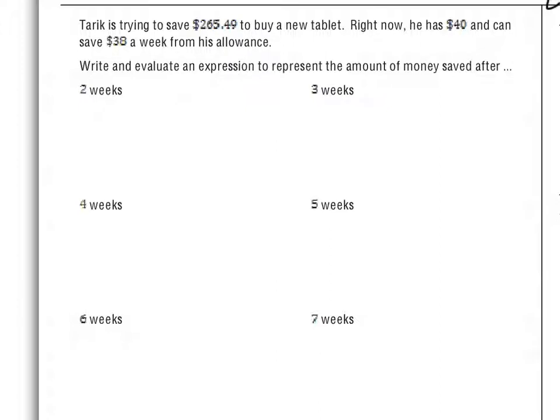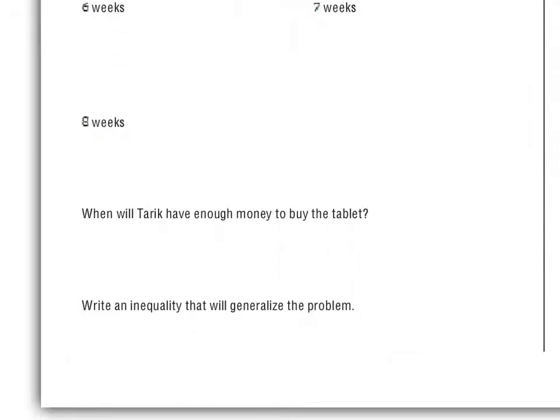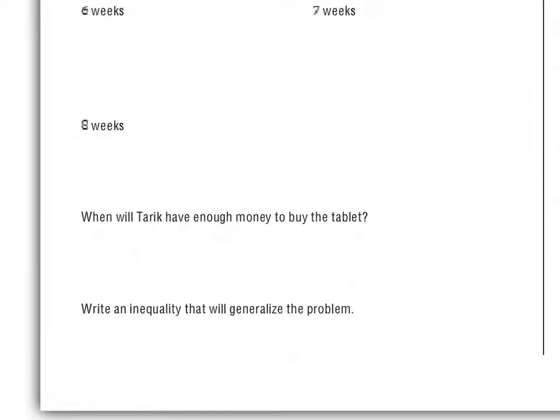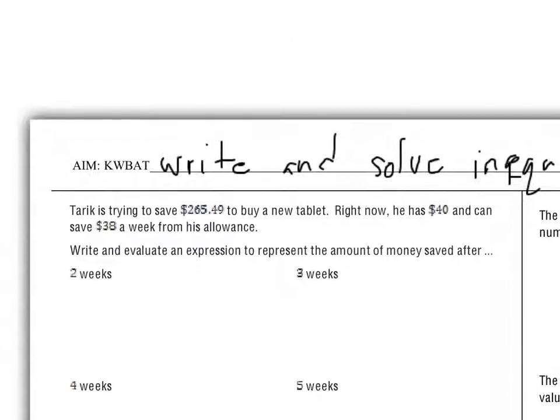All right, so if we're thinking about this particular problem, we just want to ground ourselves in why we would be thinking about this in regard to inequalities. With inequalities, we're saying something is greater than something else or less than something else. And so at this point, if he wants to be able to buy that tablet, we have to ask ourselves the question, does he have to have exactly $265.49?